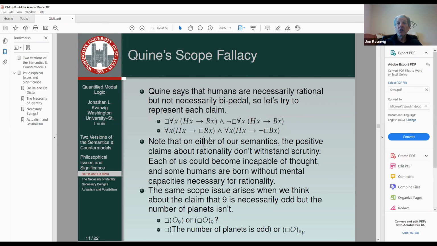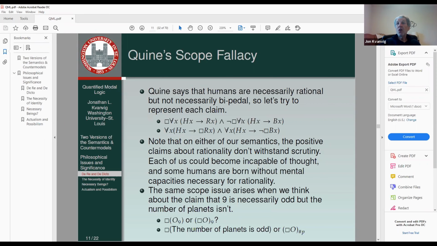Notice that's as absurd as the de re reading of the claim about the bachelors being necessarily unmarried. Hugh Hefner is in fact a bachelor, or was a bachelor when he was alive, but he wasn't essentially unmarried. He just happened to be unmarried. So unless you think human beings are essentially human beings, you can't get the de re reading.